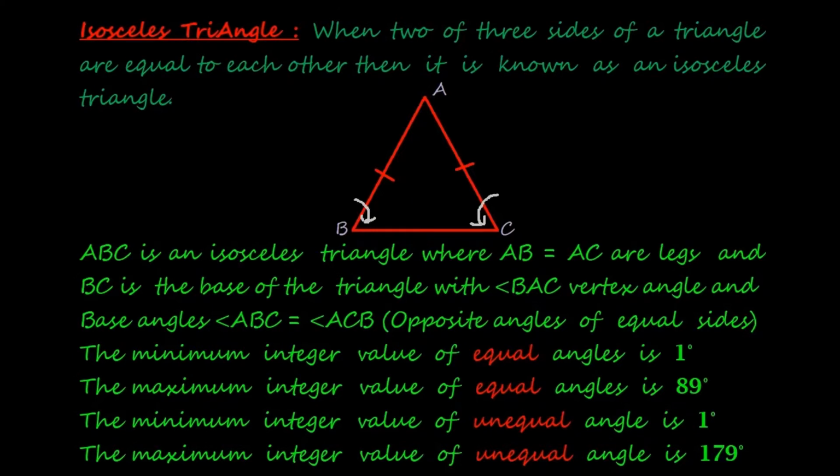And the angles adjacent to the base are known as the base angles. Here, two adjacent angles of base BC are angle ABC and angle ACB. That is why the two angles ABC and ACB are known as the base angles of this isosceles triangle ABC.